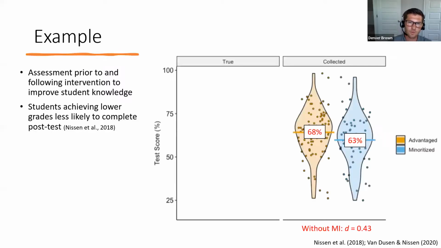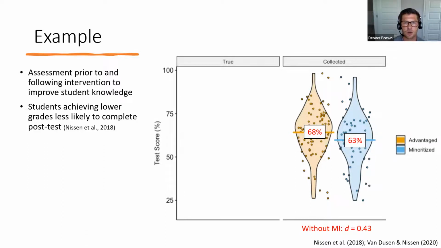What I'll show you here is the collected data, with listwise deletion, showing the difference in test scores between students thought of as advantaged versus students thought of as minoritized. Without multiple imputation, you can see that the advantaged students were scoring roughly 68% on the test, whereas the minoritized individuals were scoring 63%.